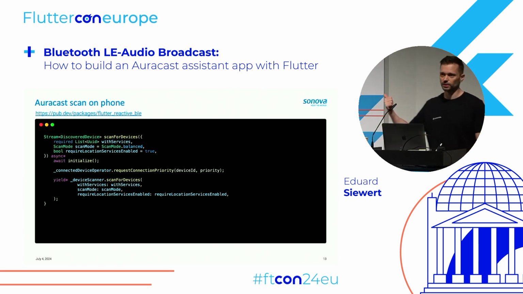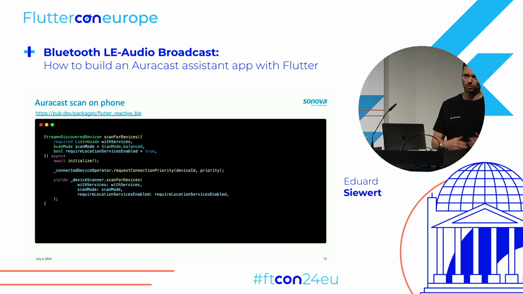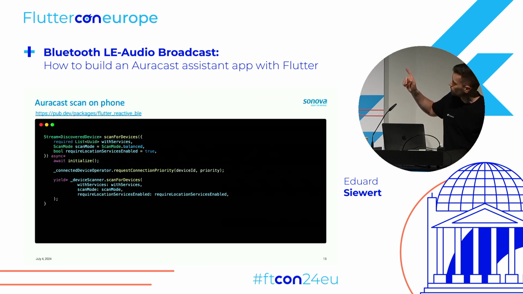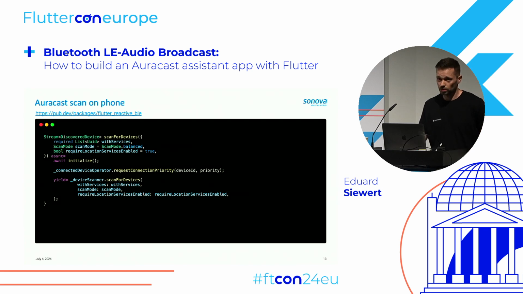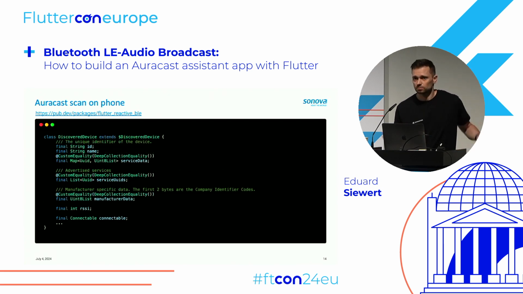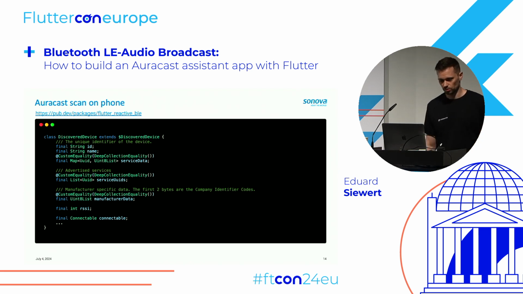And what you will find there is a method called scan for devices, because obviously we want to scan for our sources. This method will return a stream of discovered devices. So let's have a look at this discovered device class, because this should contain all the information that we need about the source, right?